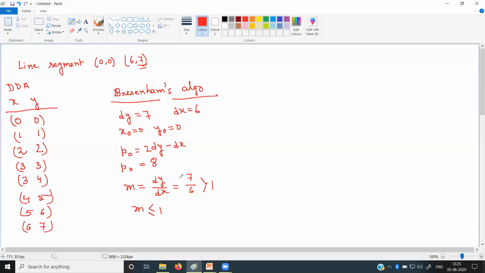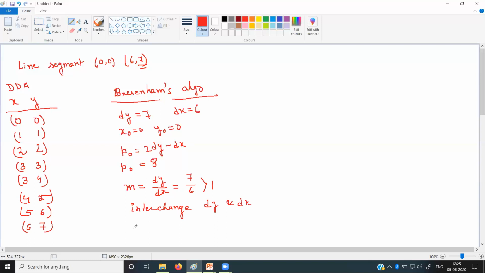So here dy is 7 and dx is 6, we would do the procedure as it is. Listen very carefully. We will do all the procedure as it is, but if the m value is greater than 1, that means the slope is greater than 1, in that case you have to interchange dy and dx.